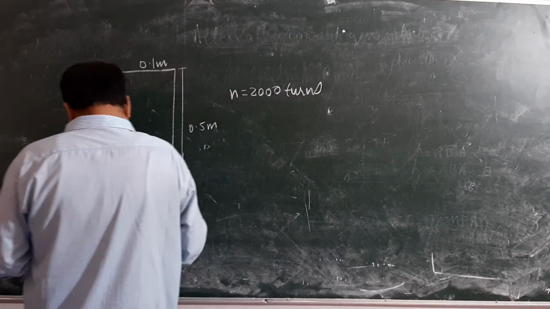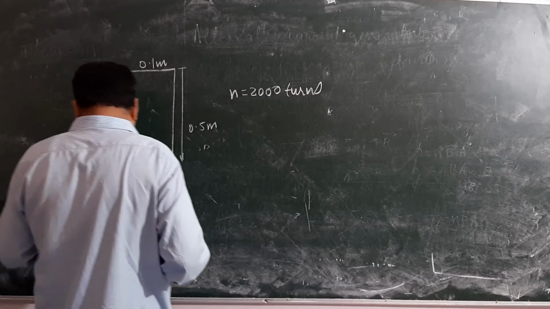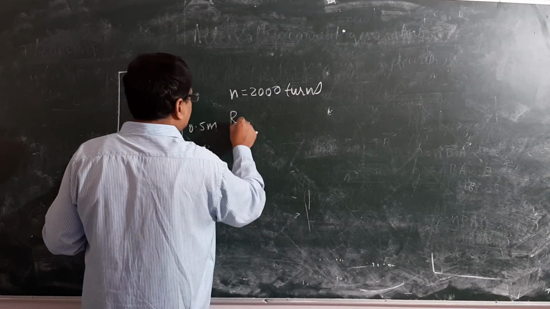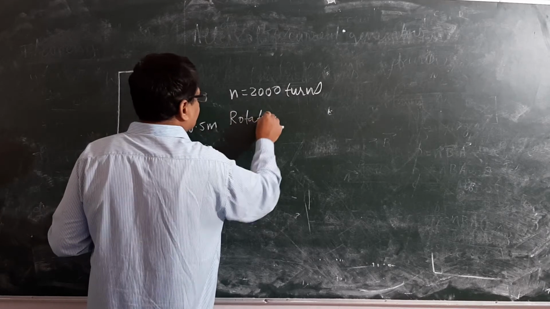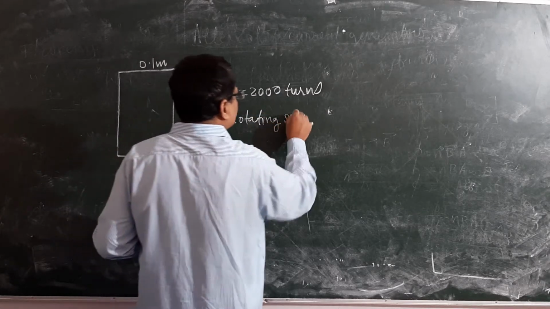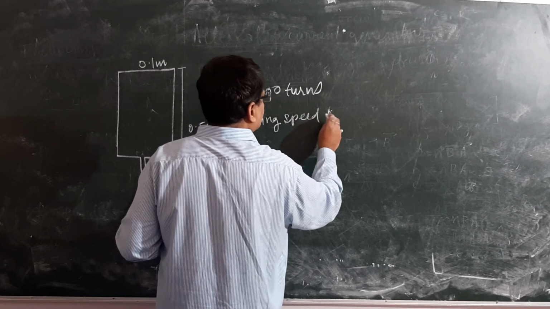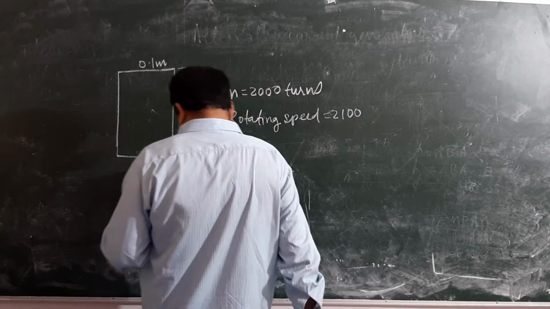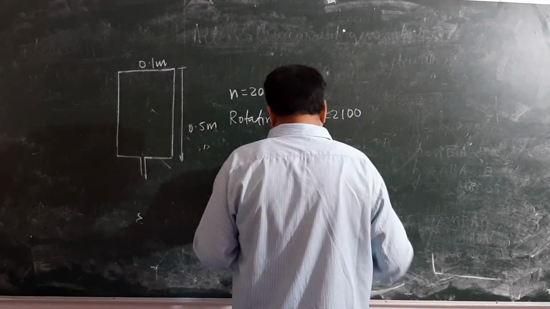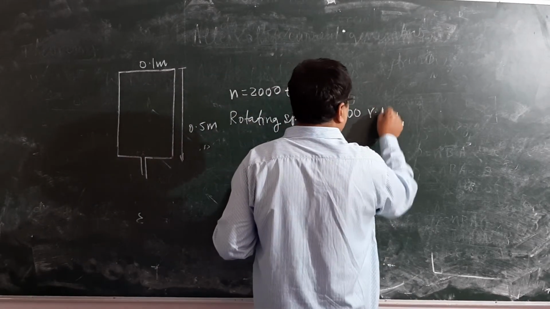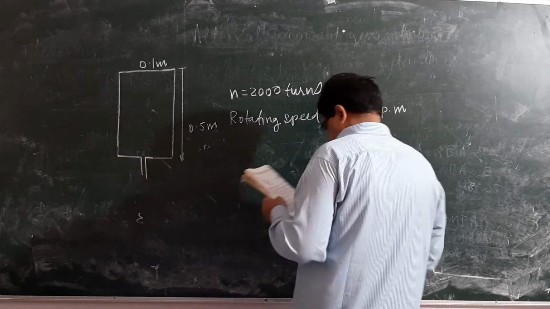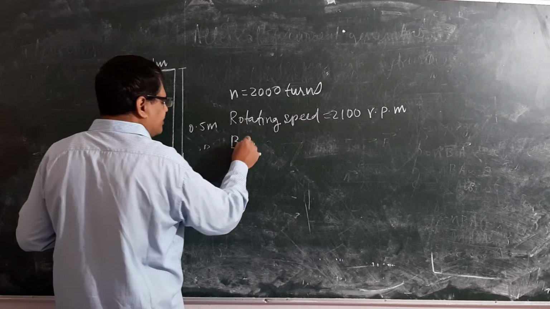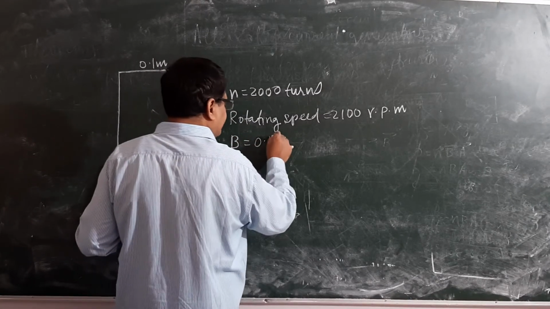Now the rotating speed is given as 2100 revolutions per minute, RPM, and the magnitude of the magnetic field is given as 0.1 Tesla.